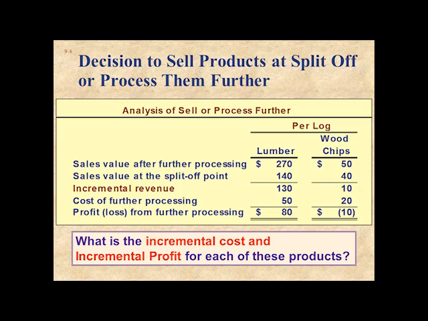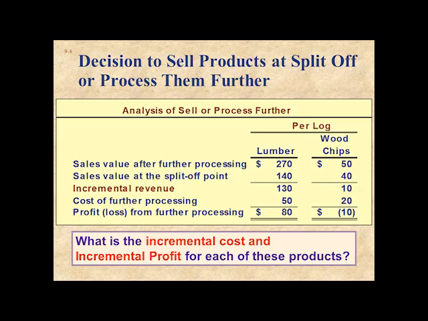So let's find these terms in the example here with the lumber. If we sell at the split, we sell for $140. If we process further and sell it further, it will receive revenues of $270. So this difference in the sales price from one point to the next is called the incremental revenue.